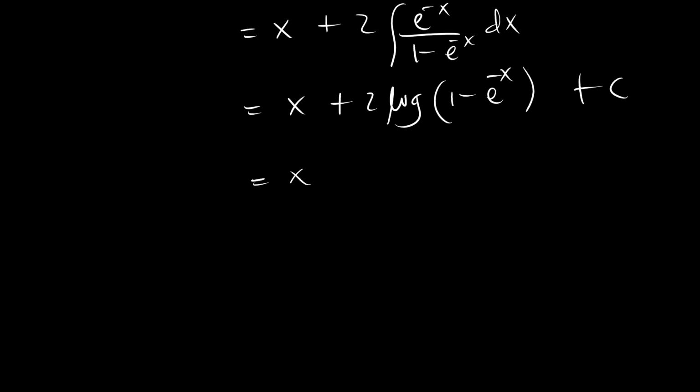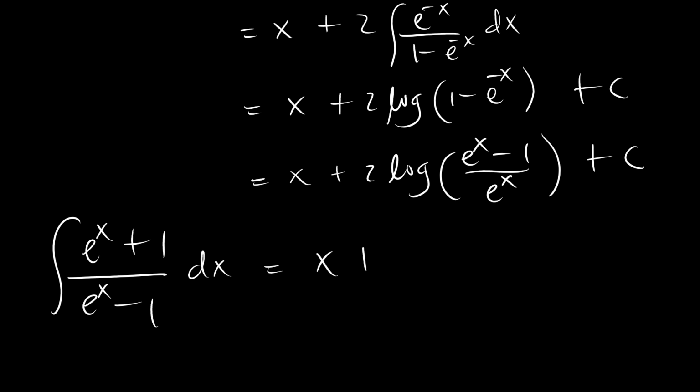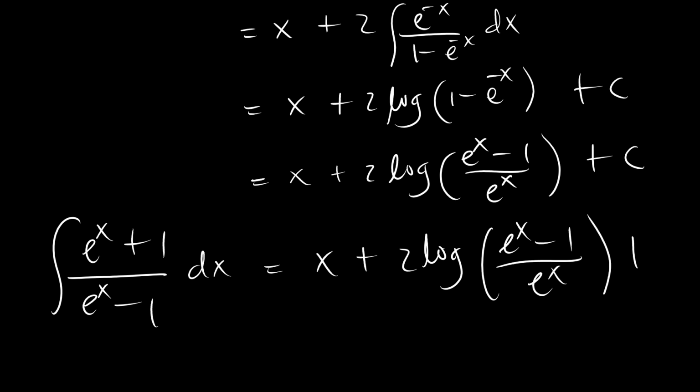And obviously this could also just be expressed as twice the natural logarithm of e to the x minus 1 over e to the x plus the integration constant. So the integral of e to the x plus 1 over e to the x minus 1 is the same as x plus twice the natural logarithm of e to the x minus 1 over e to the x plus the integration constant. And that is the answer.